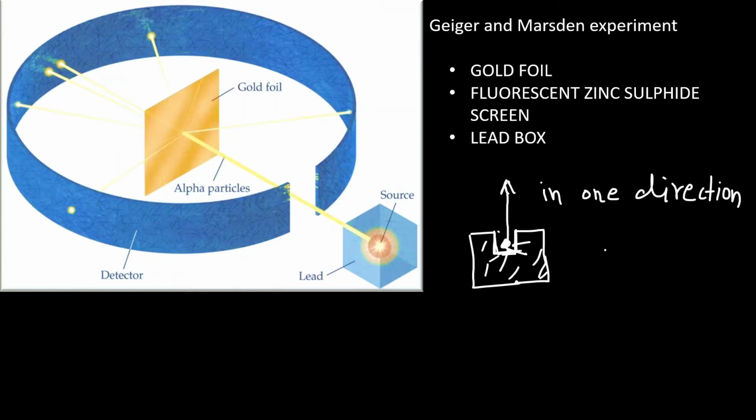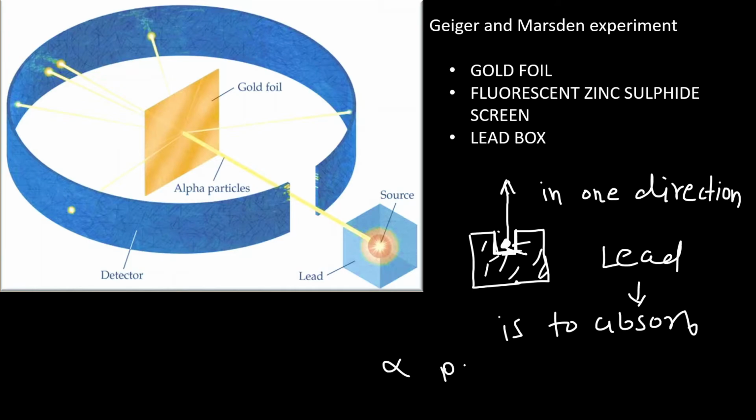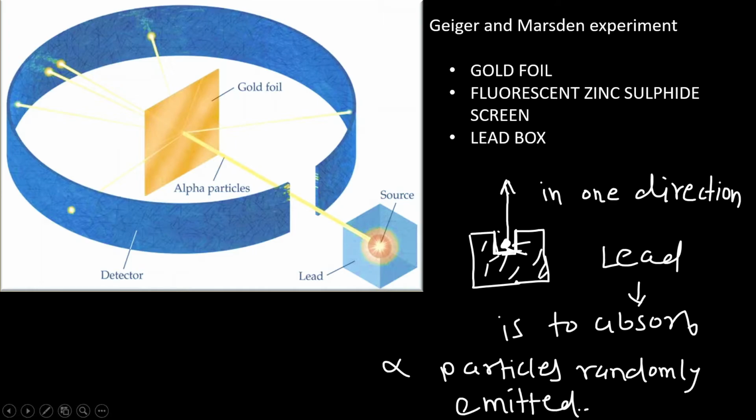So the main role of lead is to absorb randomly emitted alpha particles, so as to have unproblematic experimental observation.